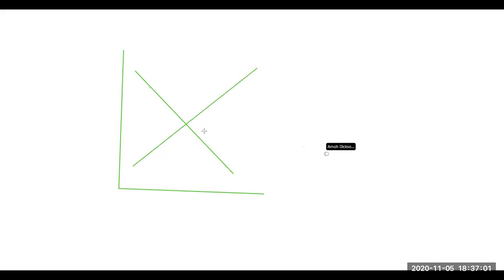Graphically, let's look at the equilibrium interest rate and then output. So this is our IS curve and this is our LM curve. Where these two curves meet, we have our equilibrium point.